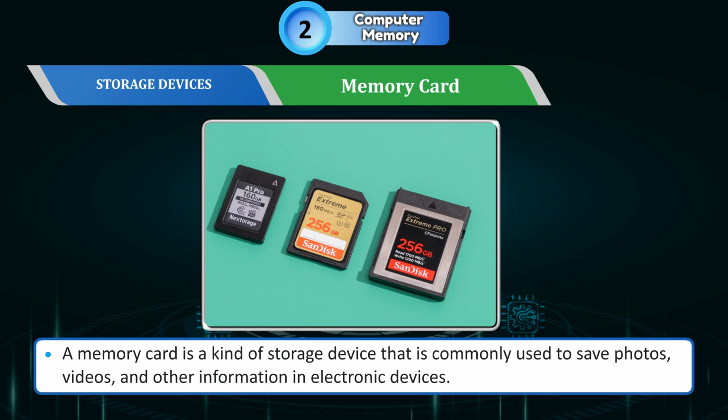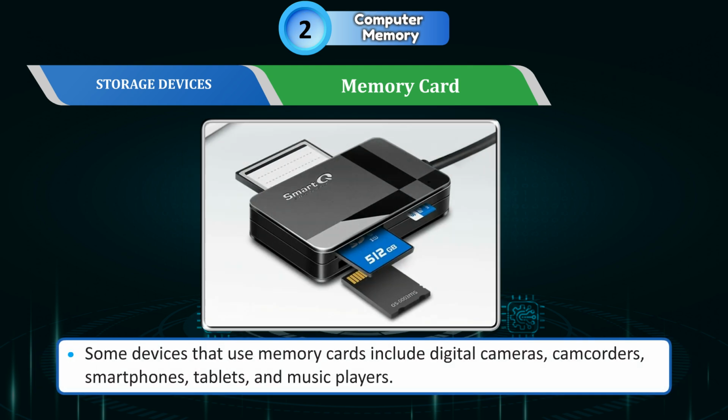Memory card. A memory card is a kind of storage device that is commonly used to save photos, videos, and other information in electronic devices. Some devices that use memory cards include digital cameras, camcorders, smartphones, tablets, and music players.